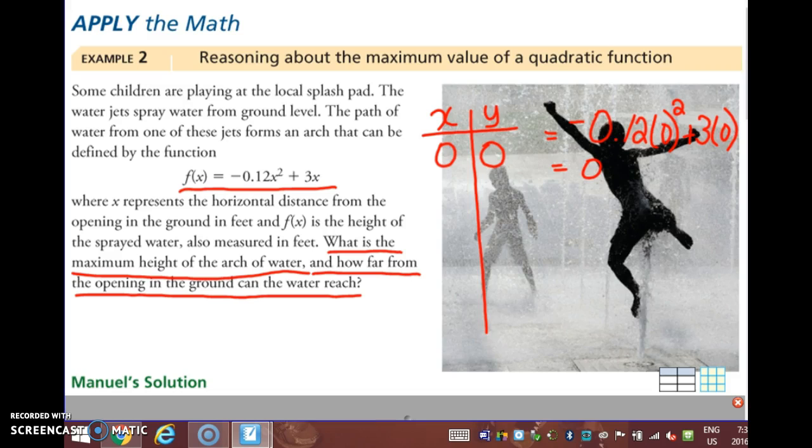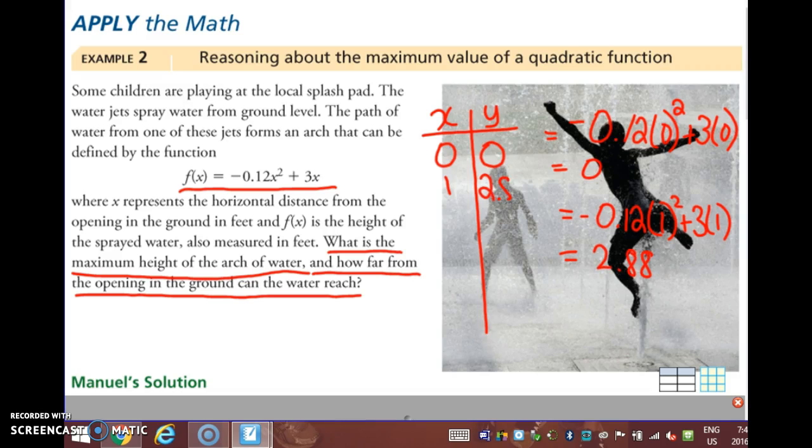Okay, so when we've got a horizontal distance of 1, I want to know how high the spray of water is. Again, I will use my same equation, but instead of 0, I'll plug in my value of 1. So negative 0.12 times 1 plus 3 will get me to 2.88.